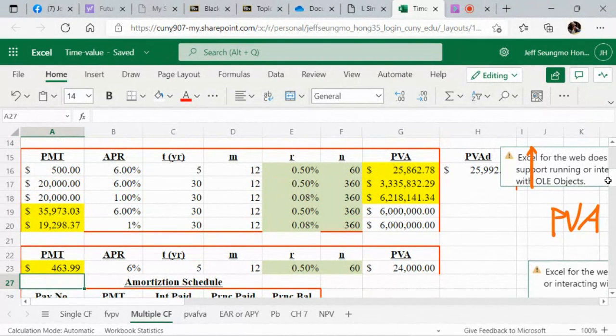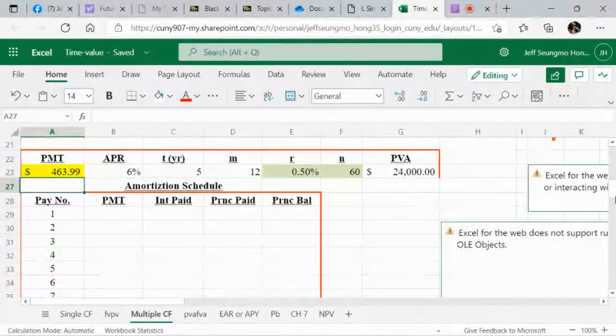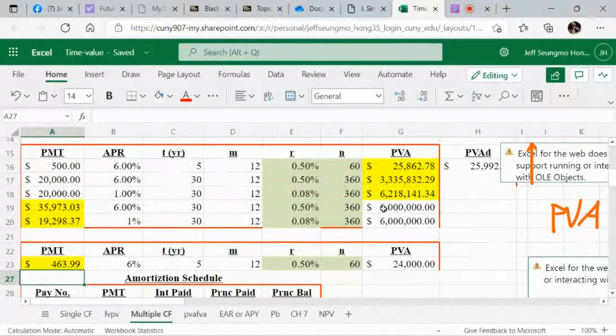And now let's think about what is an amortization.